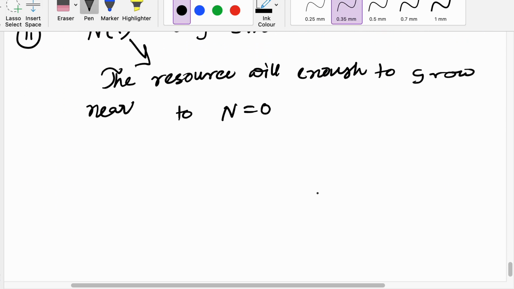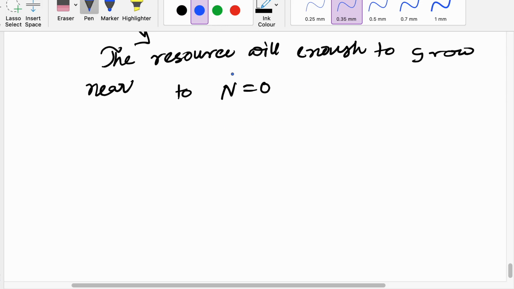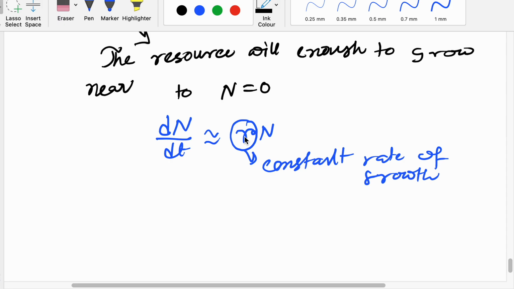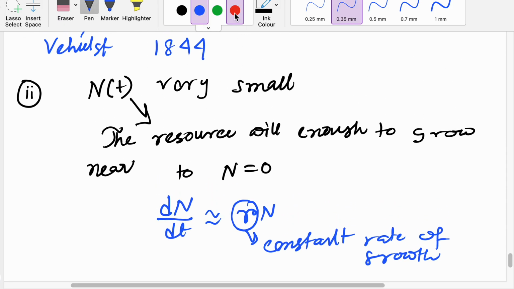So it should be a logical assumption that near N equal to 0, dN/dt, the rate of change of the population size, should look like rN. They are growing at a constant rate of growth when N is very small, because the resource is available. So these are the two assumptions.